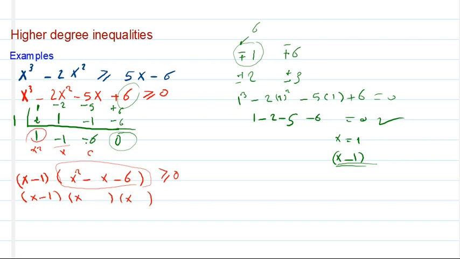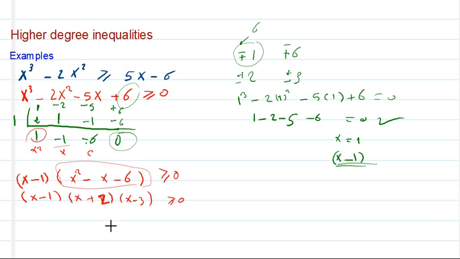I guess -3 plus 2, so (x - 3)(x + 2) greater than or equal to 0.